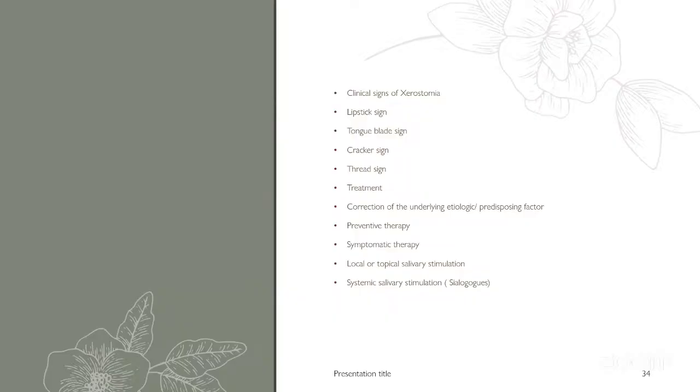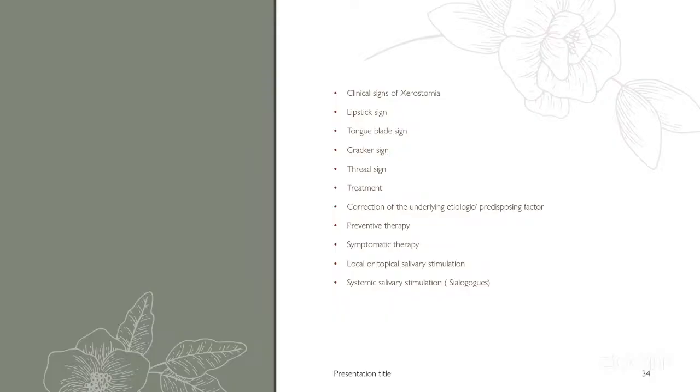And the tongue blade sign, where a tongue blade is moved over the buccal mucosa. In a normal patient with normal salivary secretion, it will easily glide over the mucosa, whereas in xerostomia, the tongue blade will stick to or adhere to the buccal mucosa.